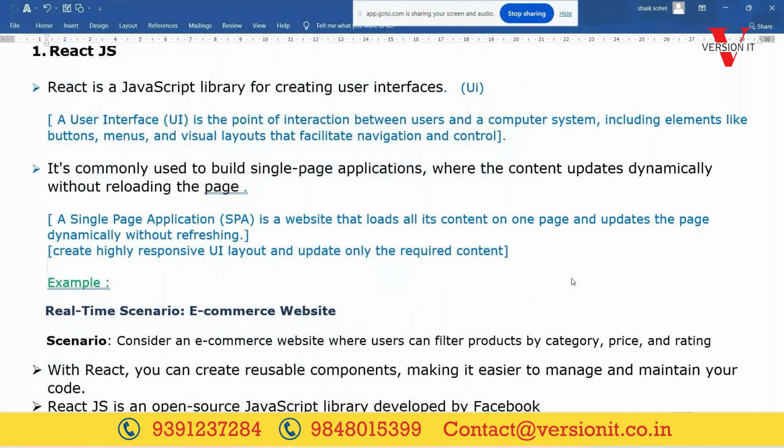Next, let's do it based on a real time scenario. So what are the single page applications? Because most of the students didn't get a job in Python at Accenture, Cognizant and Capgemini. So we'll apply more for the MNCs.